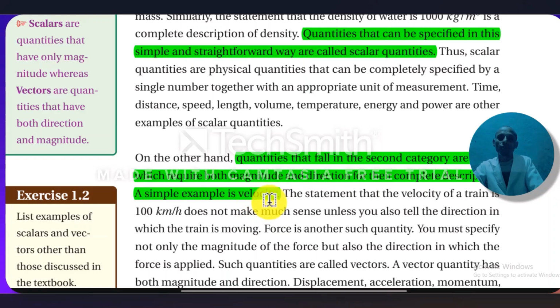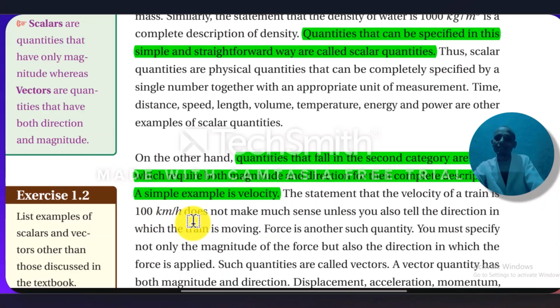A good example of vector quantity is velocity. Velocity is a type of vector quantity. To fulfill the definition of a vector quantity, velocity must be interpreted using direction and magnitude. Take the statement that the velocity of a train is 100 kilometers per hour.